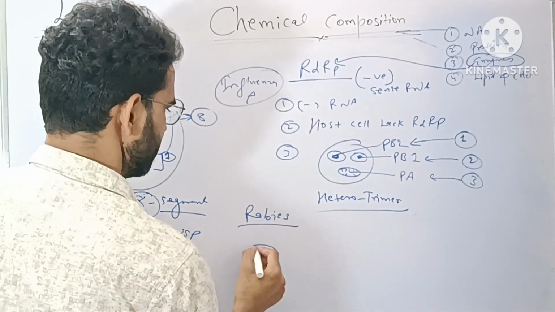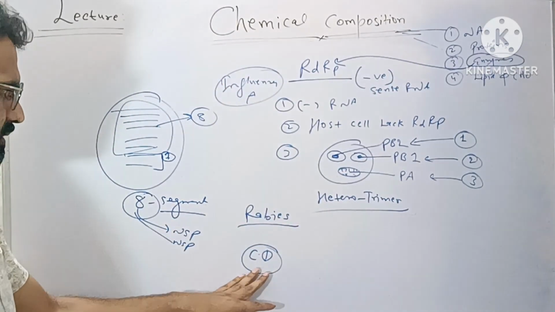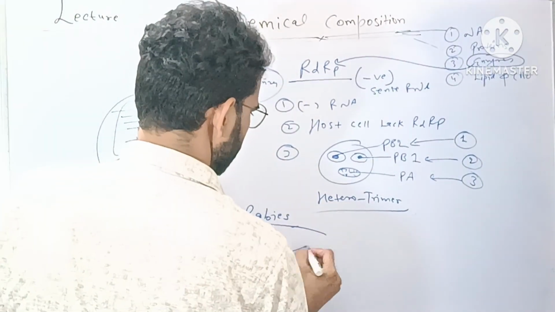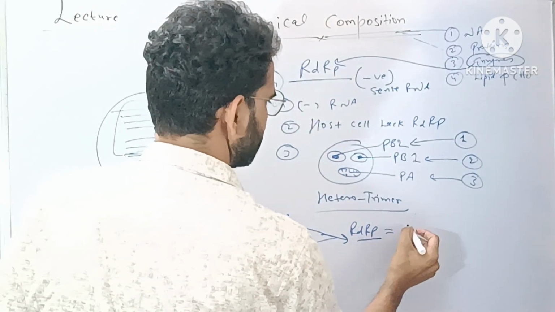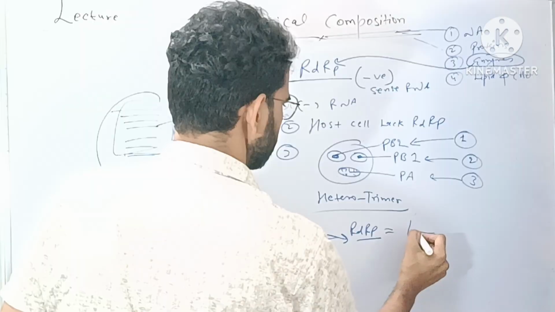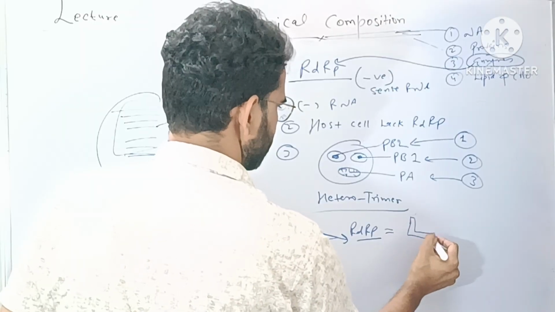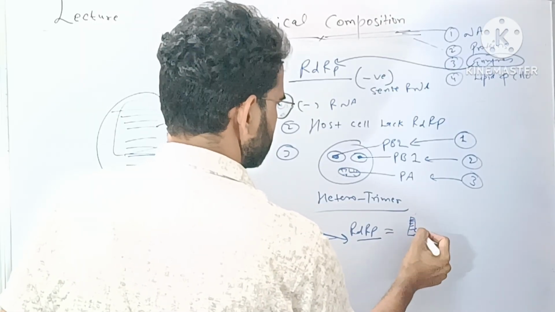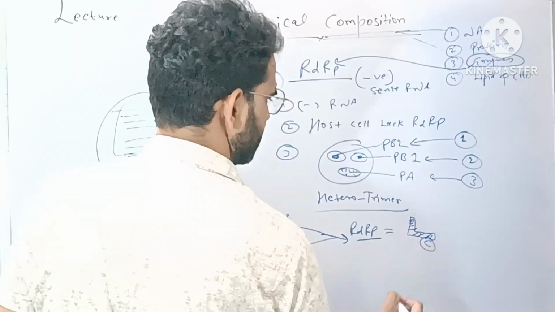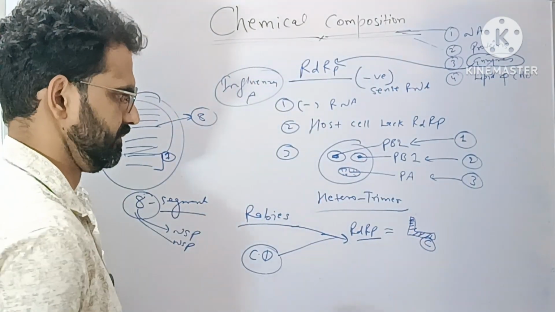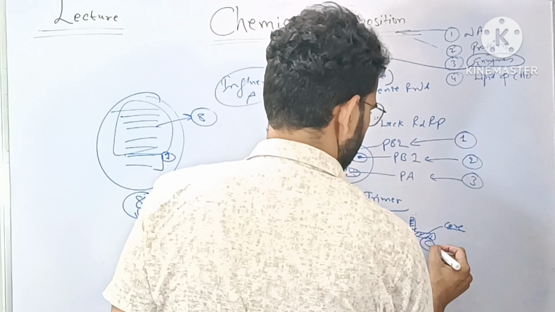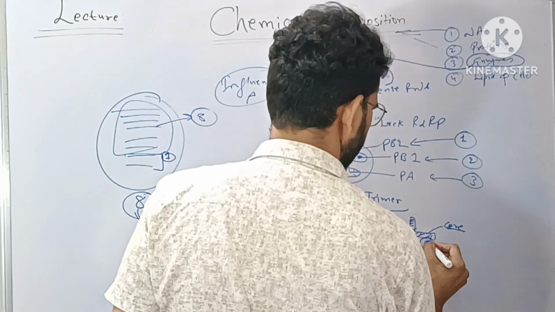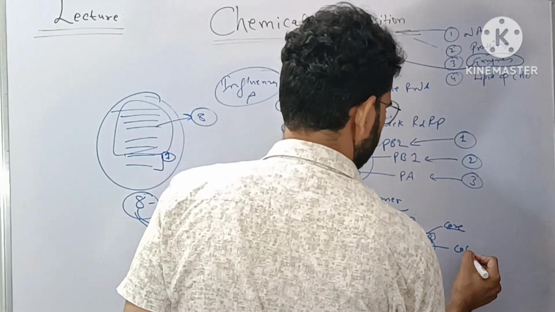Canine distemper is also negative sense. Both have RdRp made up of 2 subunits, L and P. The L protein is the core, and the P protein is the cofactor.